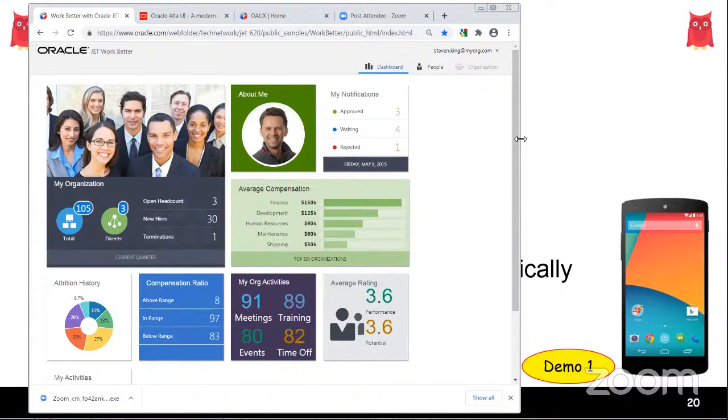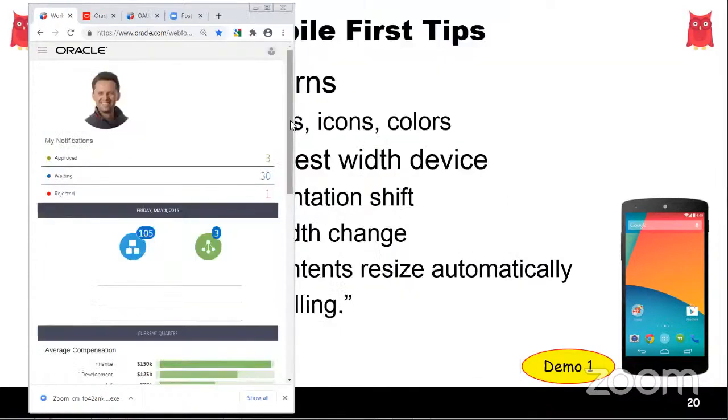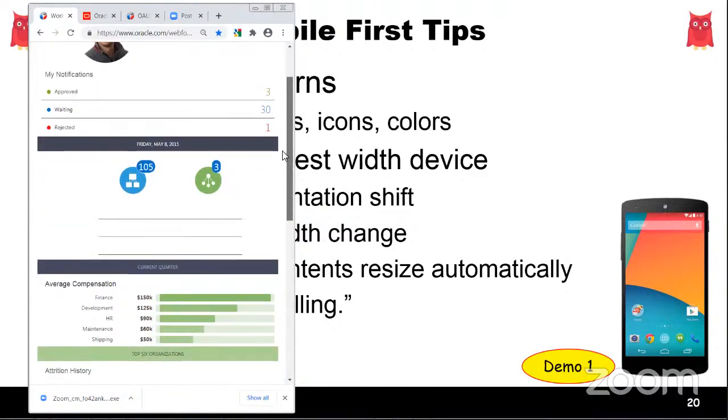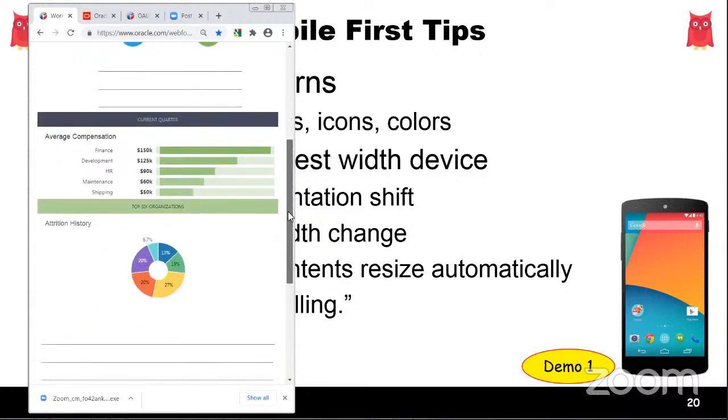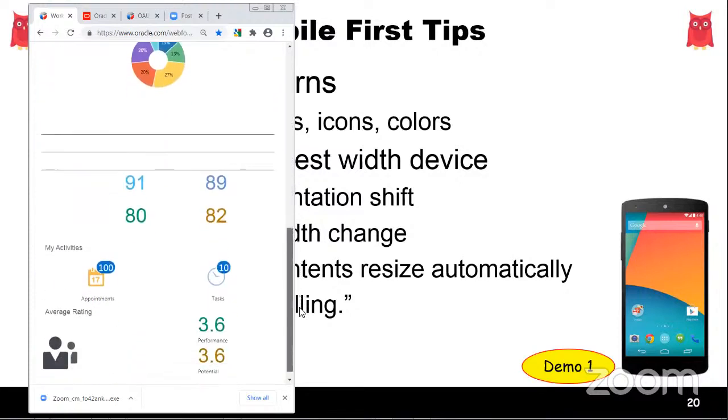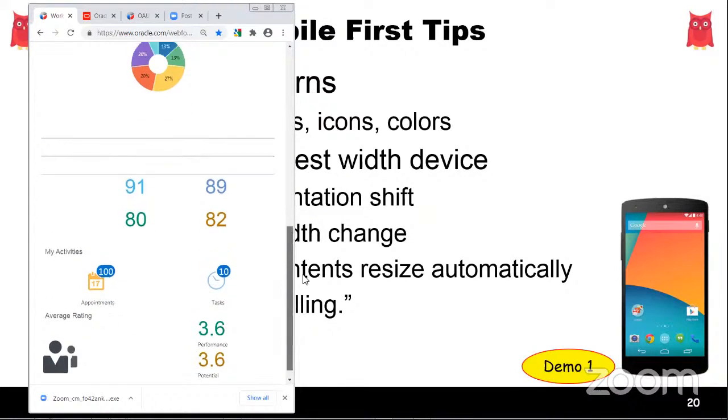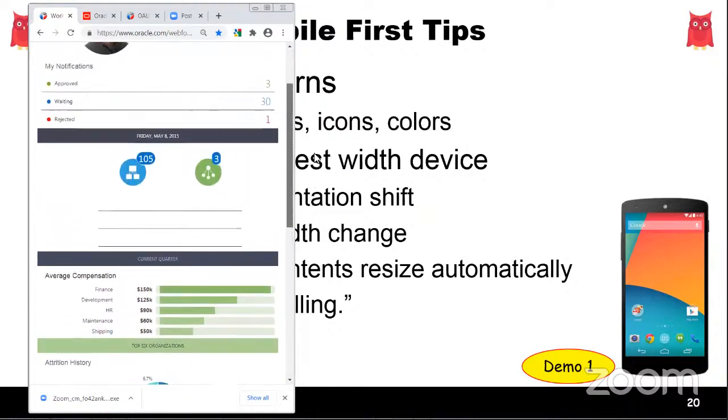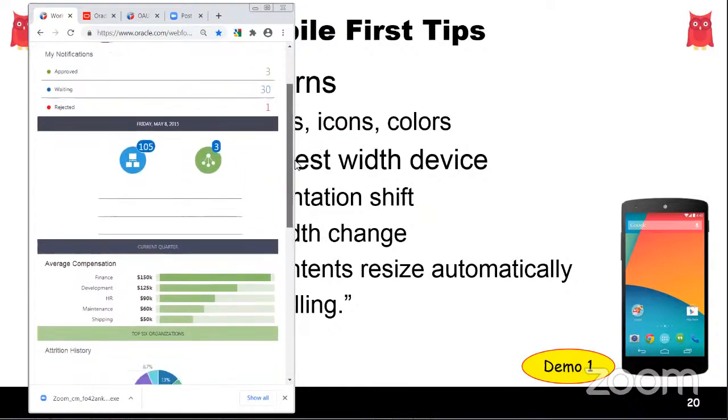And then if we make it even narrower, for example, this would be a smaller type device, then the whole thing changes and we get rid of that picture. So there's been a decision about how to do that, as that's not as important when you're displaying this on a narrow device. And the boxes kind of go away, but the contents of the boxes are still there.